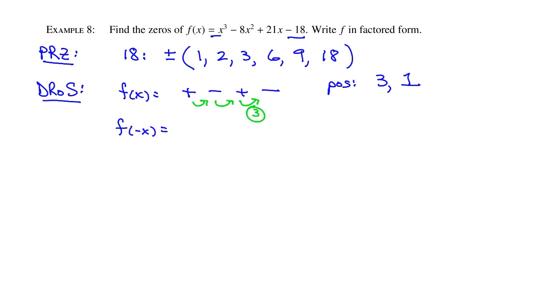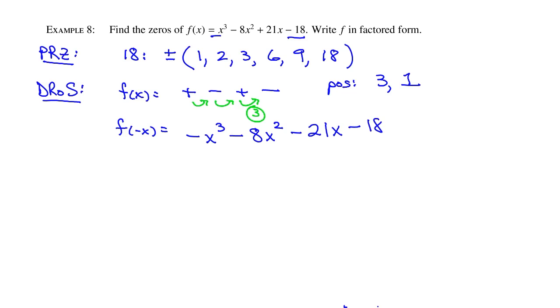Next, I need to compute f of negative x. One trick that you may have picked up on is that in the new polynomial f of negative x, only the terms with odd exponents change signs. If the exponent is even, it keeps the sign. So here we have x cubed, that's going to change signs to negative x cubed. 8x squared is going to stay negative because it's an even power. 21x changes signs.